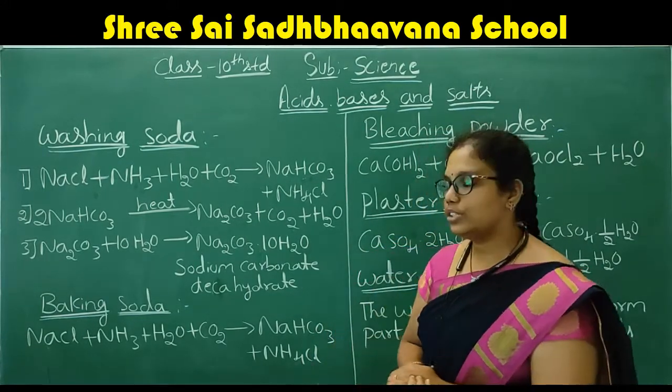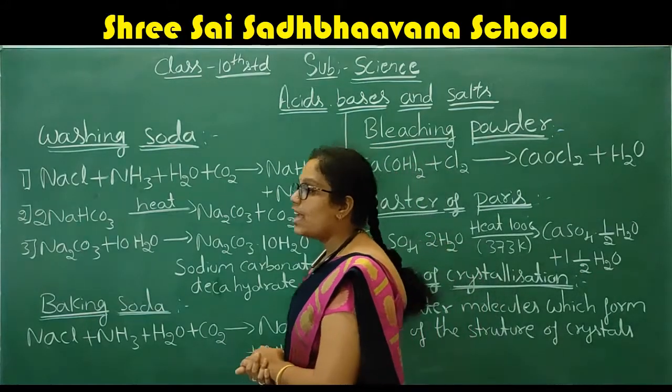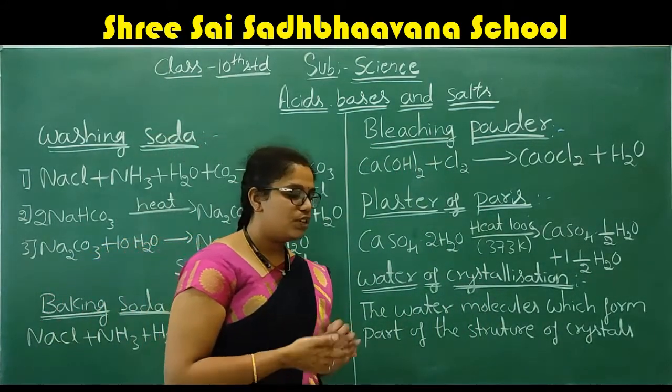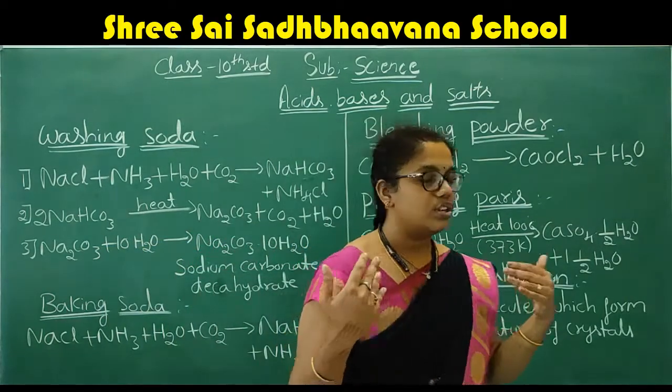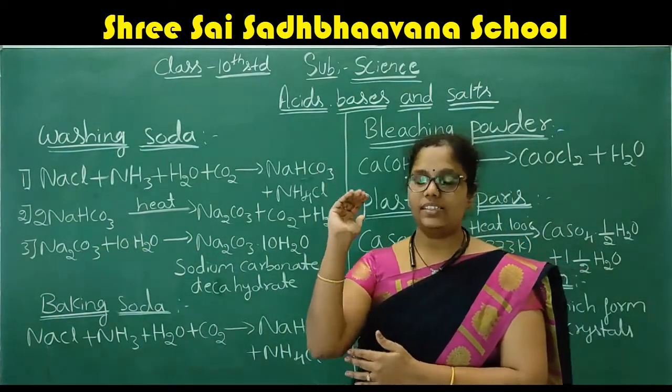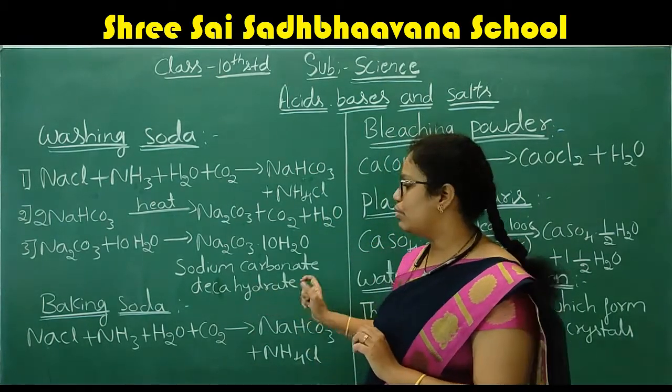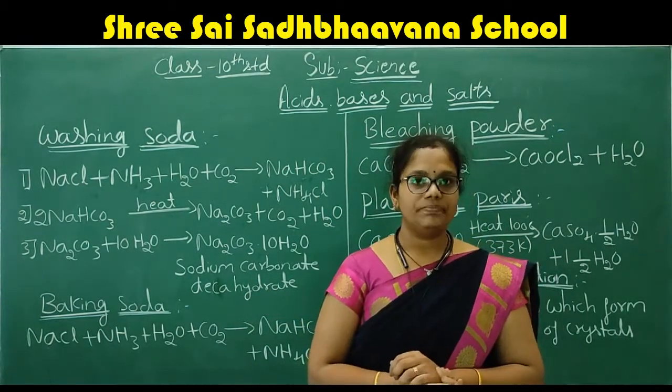Another use of this baking soda is that it is used in the fire extinguisher. If you see in your school also, the fire extinguisher device is put, right? In that fire extinguisher also we use this baking soda.